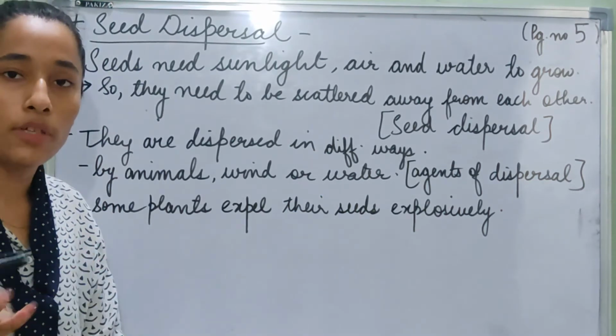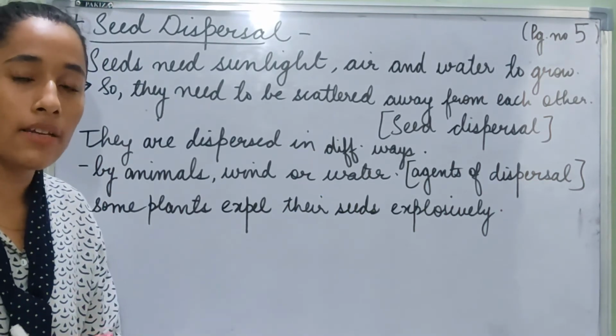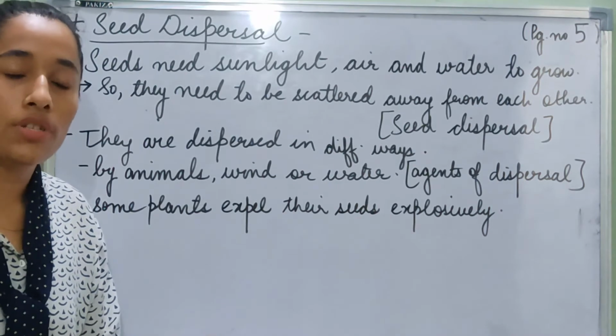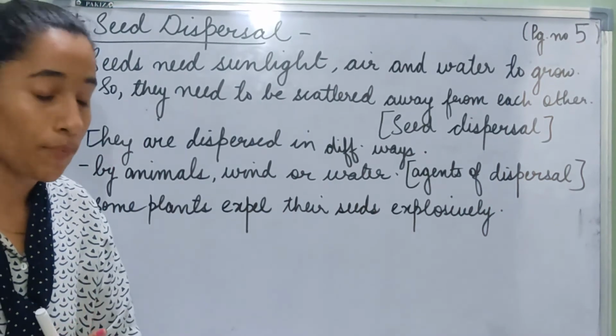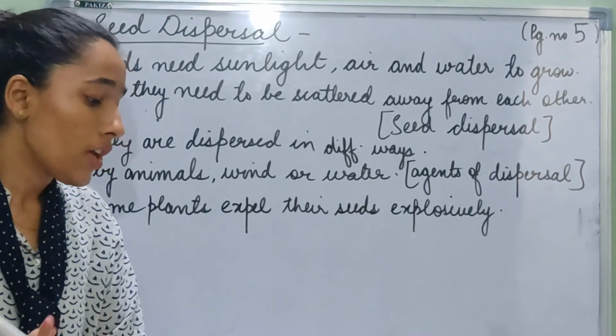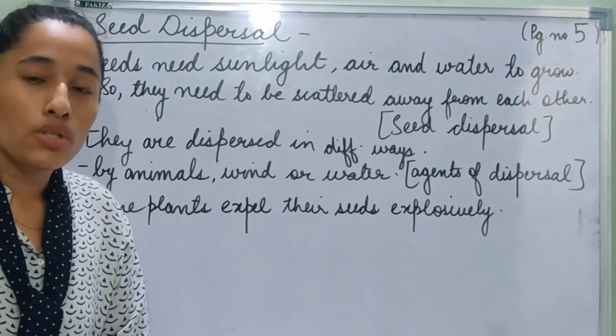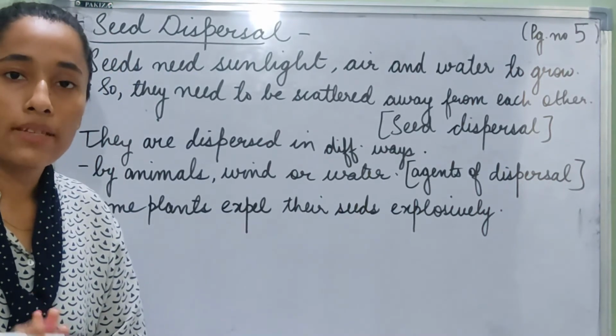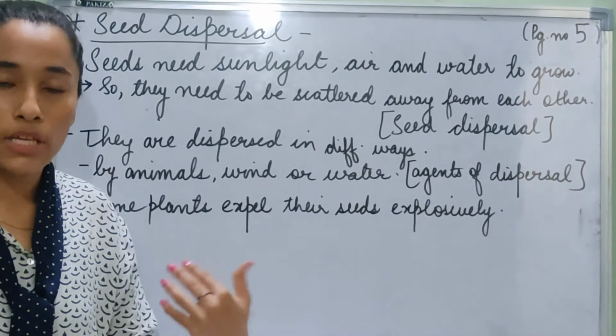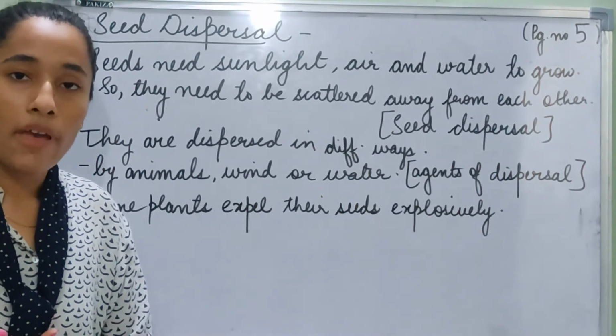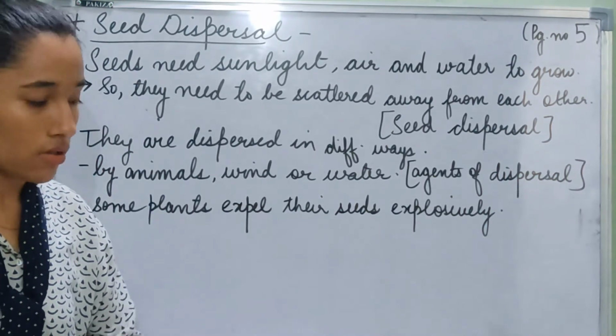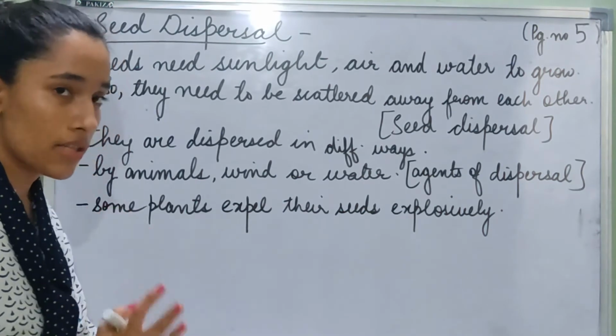They need to be far away from each other to get sufficient air, water, sunlight and the right temperature. This process is called seed dispersal, when the seeds are scattered away from the parent plant.